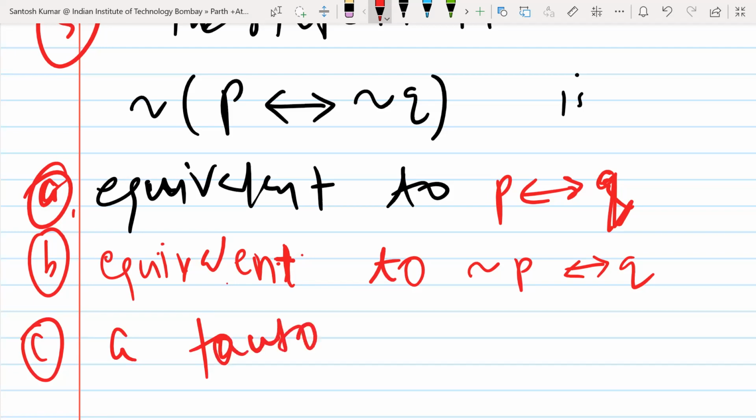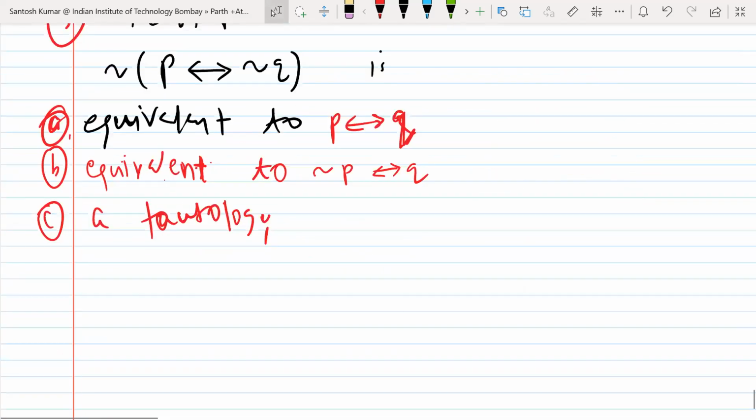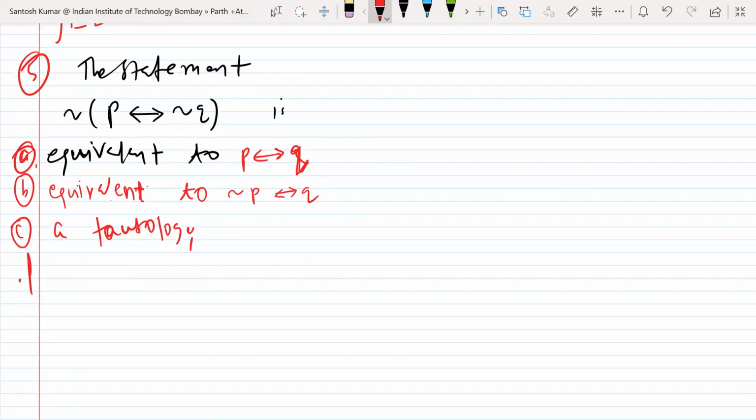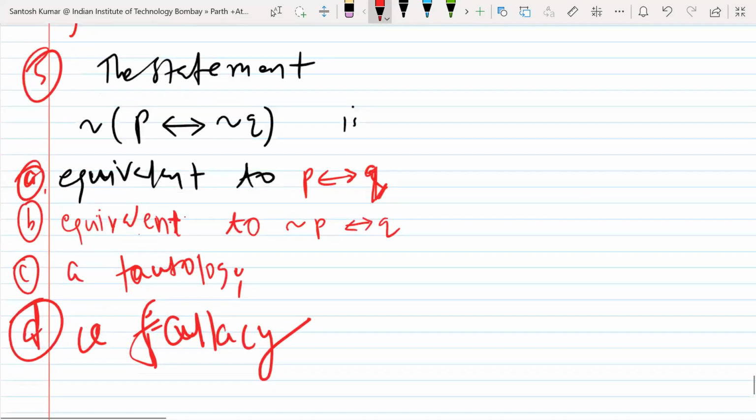And the D option is a contradiction. Yeah, so check: not of P if and only if not Q.